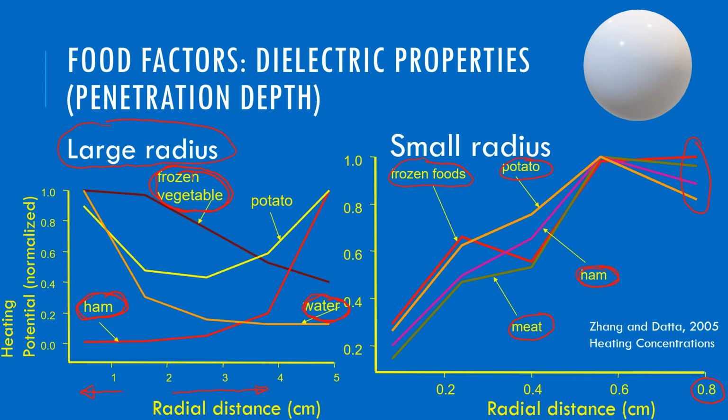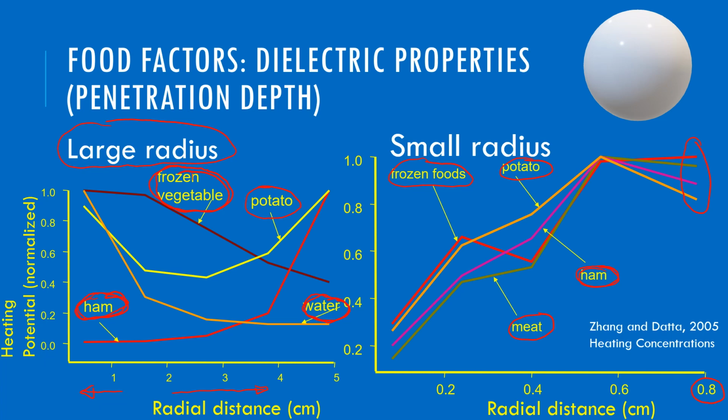And that is what we are calling the focusing effect. The focusing effect is there for other items like frozen vegetable, water, or even potato. But for a very lossy material like ham, you do not have this kind of increasing heat generation toward the center. That's not there, and so we say it does not have the focusing effect.